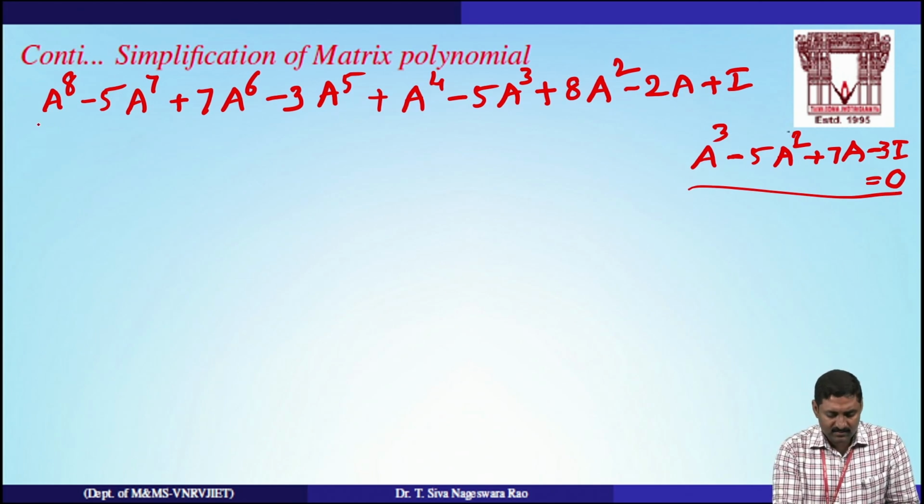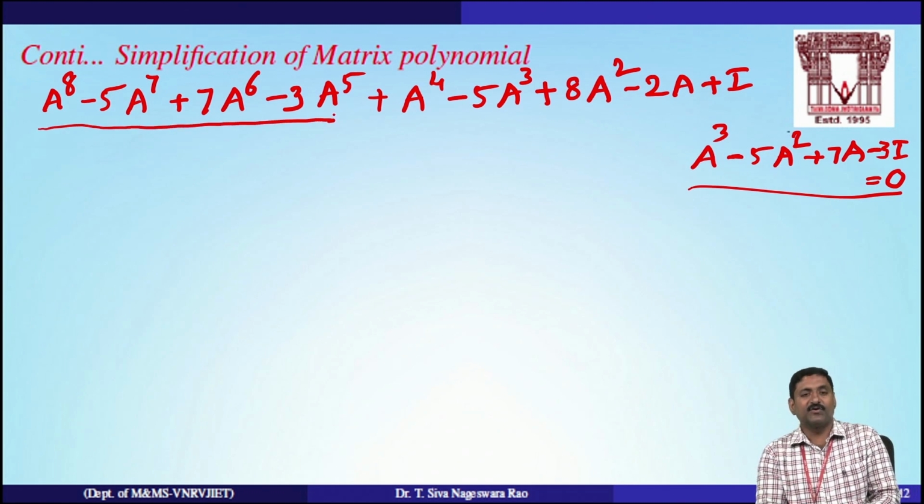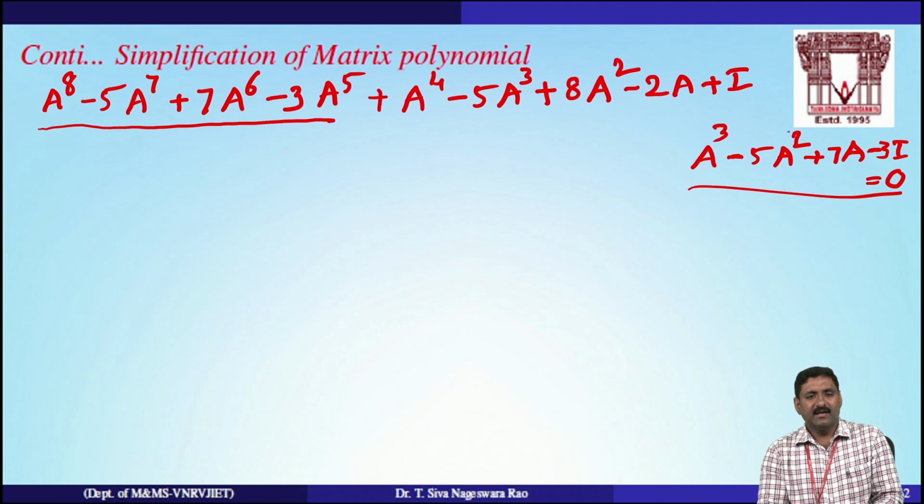Now, first take these 4 terms. Take out A power 5 as common from it.